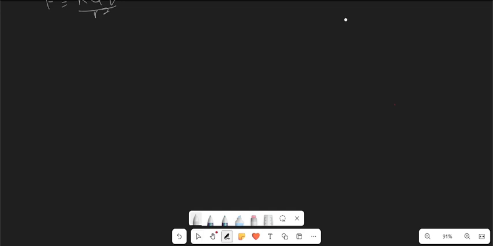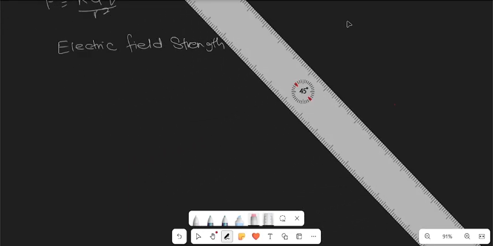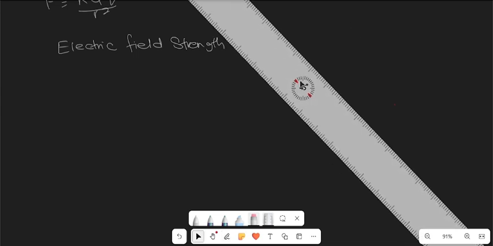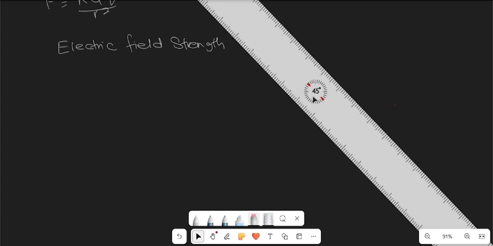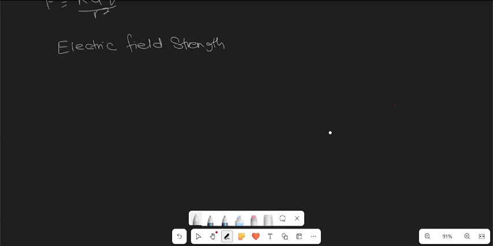Let's say we're going to talk about electric field strength here, and right here we're going to talk about electric potential.